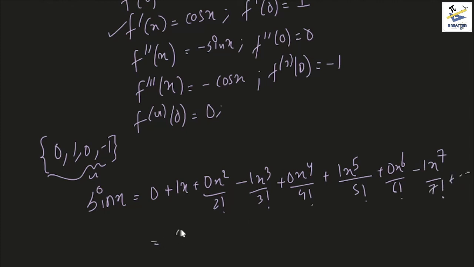Evaluating this, what we get is x minus x cube by 3 factorial plus x to the power 5 by 5 factorial minus x to the power 7 by 7 factorial, and so on.